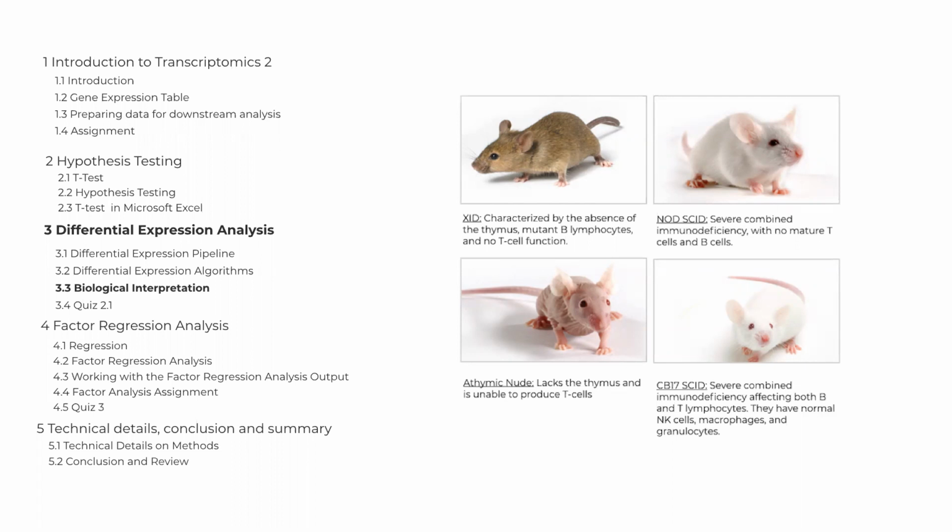Athymic nude mice don't have a thymus, and so they don't have the ability to produce T cells, but they have normal B lymphocytes. And then CB17 was the one that we talked about in our quiz question. This one has severe combined immunodeficiency, but they're able to produce normal natural killer cells, macrophages, and granulocytes. And then SID-NOD mice have severe combined immunodeficiency, and they are unable to produce T cells or B cells.